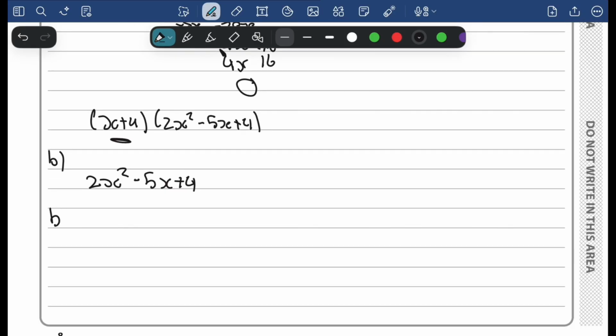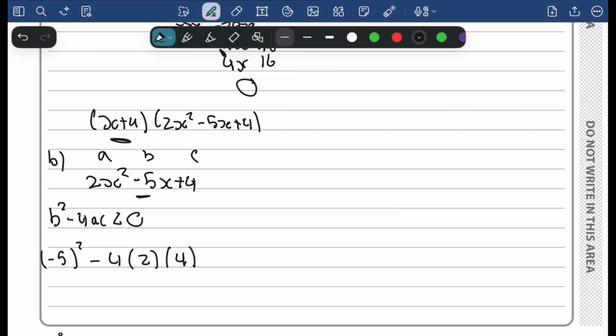Now the rule is, if the discriminant is less than 0, there's no solutions for this quadratic. So we just put a, b, c. So b squared, so minus 5 squared minus 4 times a, which is 2, times c, which is 4.